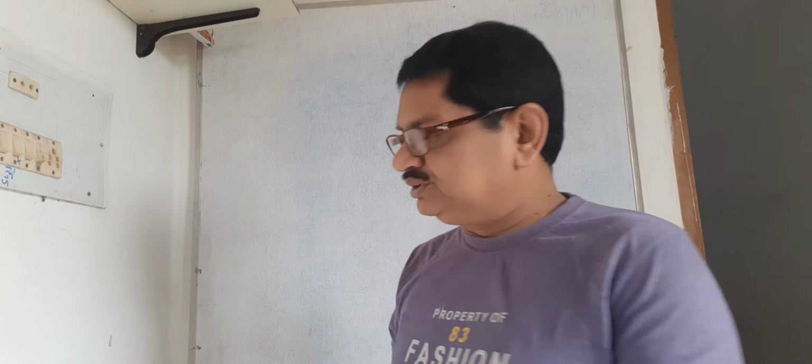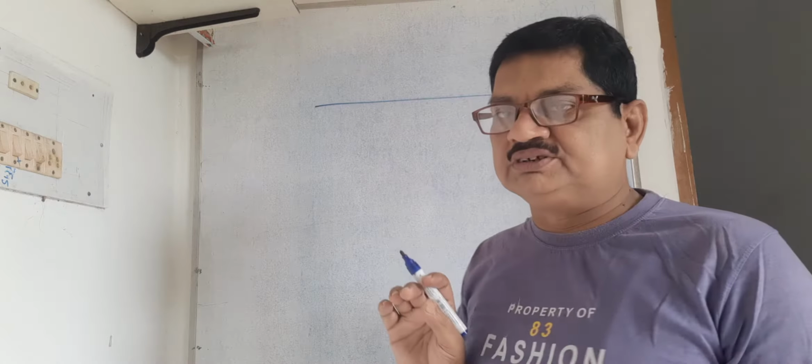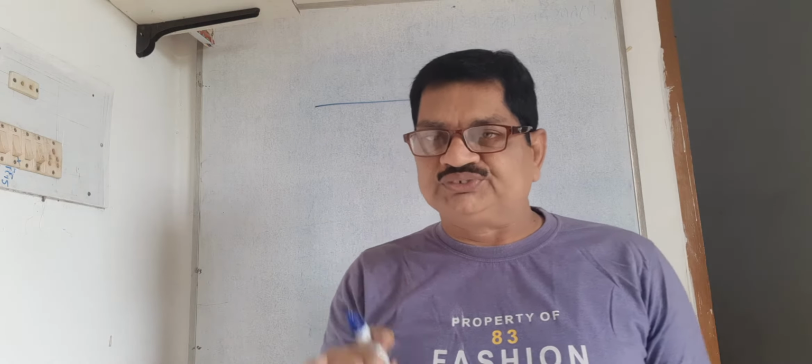2 is to 3. Since ratio is 2 is to 3, so 2 plus 3 comes 5. So what we will do here, suppose this is the line segment which needs to be divided in ratio 2 is to 3.